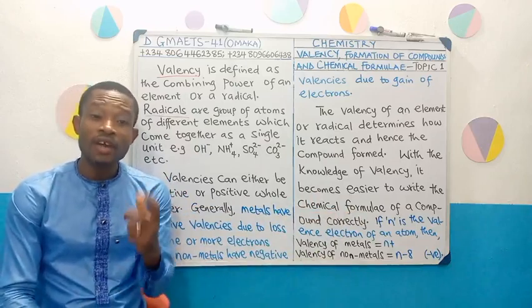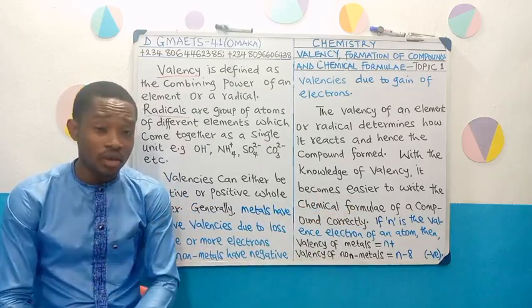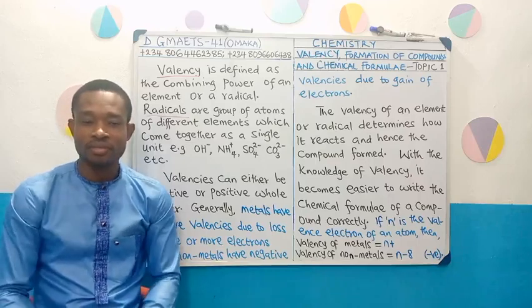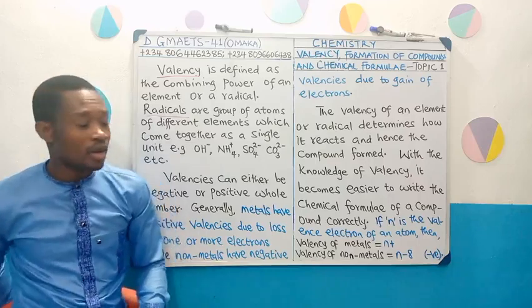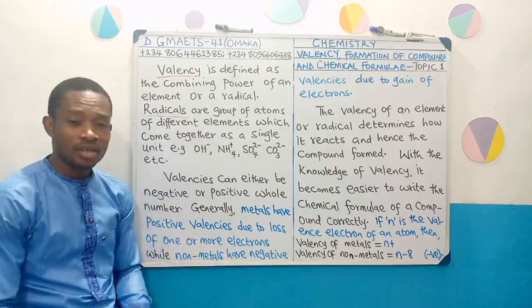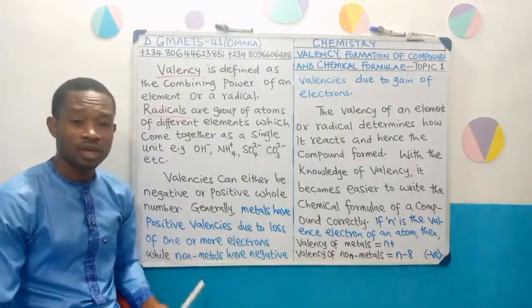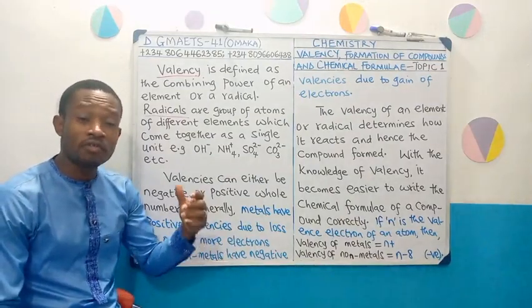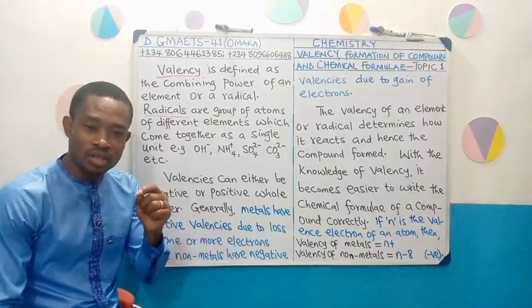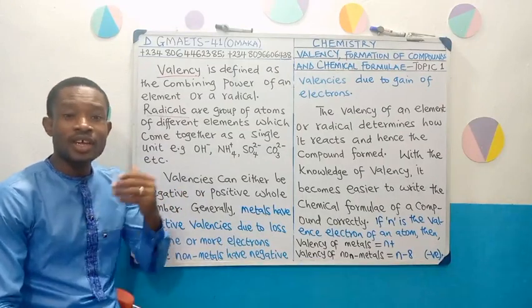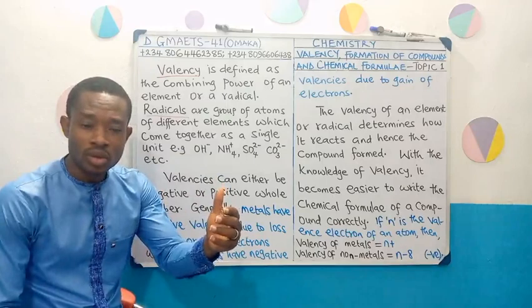Now, the valency of metals is generally positive. Don't forget that. On the board here, I've chosen to write that using a blue marker because it's an important point for you to take note of. Metals have positive valencies, and this is because during chemical reaction or combination, metals give out electrons.